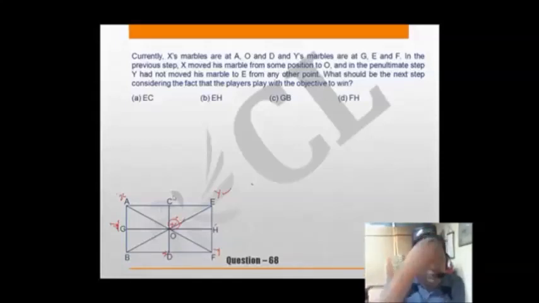I'm a little confused because it can go, but it still does not make sense because one Y is here, one Y is here. So how will they make the move? If it moved to EH, then that would have been better. But then it still does not serve the purpose. FH, GB.